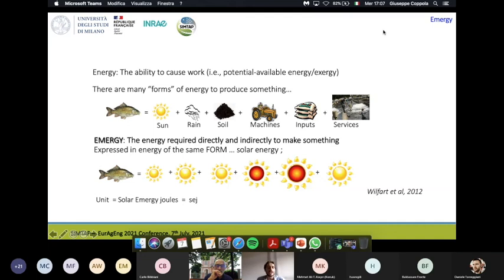In other words, the energy analysis allows to estimate the energy required directly and indirectly to produce something, in this case, the fish. So not only the solar energy will be taken into consideration, but also the energy included in the soil, the energy necessary to power the machinery, and also the chemical energy utilized by workers during their working activities. All these forms of energy will be expressed in the same form, solar energy, and then summed up.